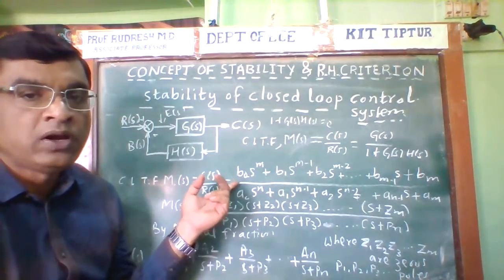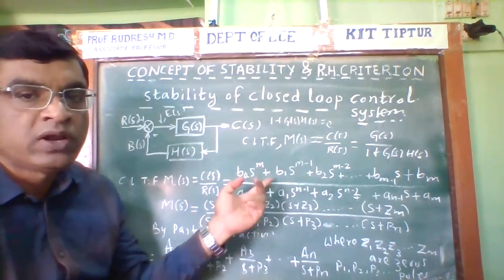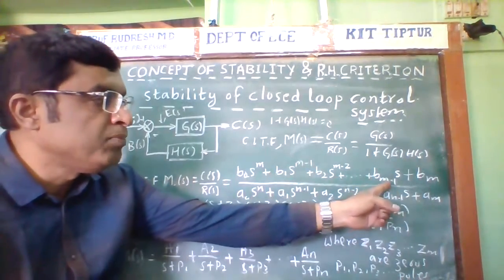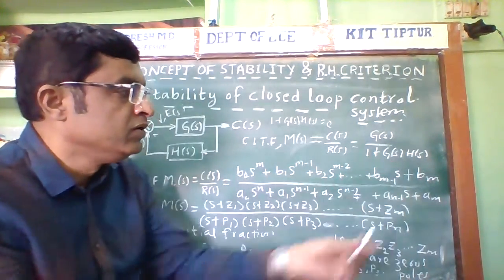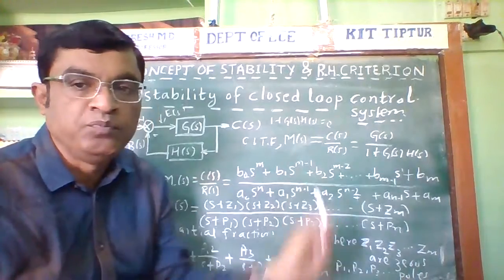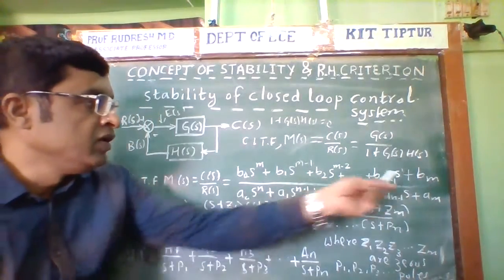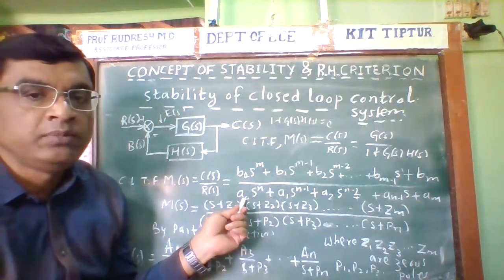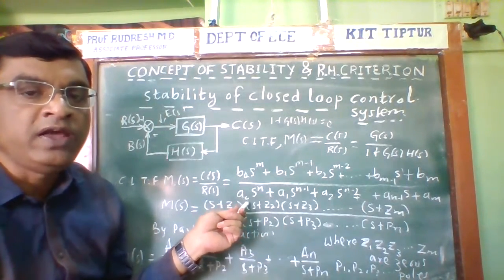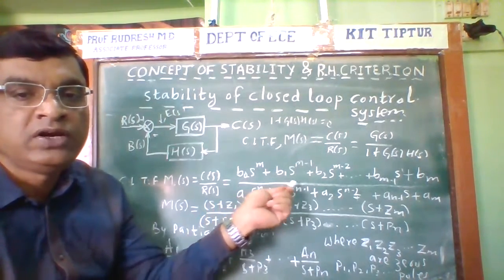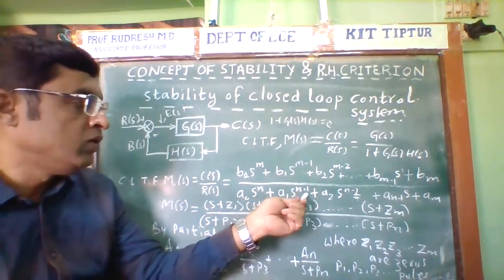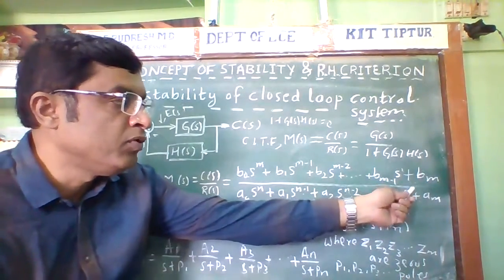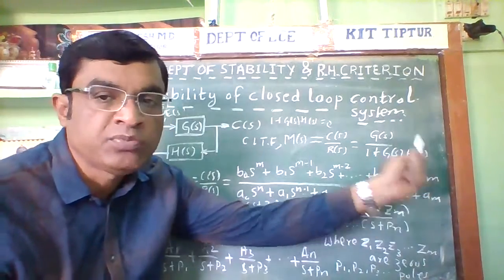The numerator polynomial is b0 into s power m plus b1 into s power m minus 1, and so on, up to bm into s power 0. Similarly, the denominator is a0 into s power n plus a1 into s power n minus 1, and so on, up to an into s power 0.